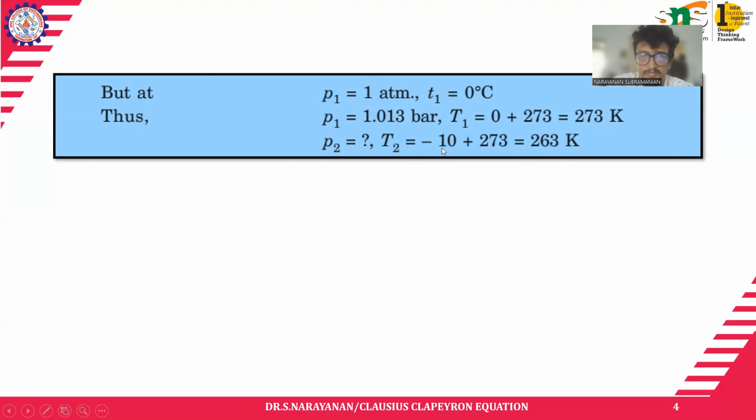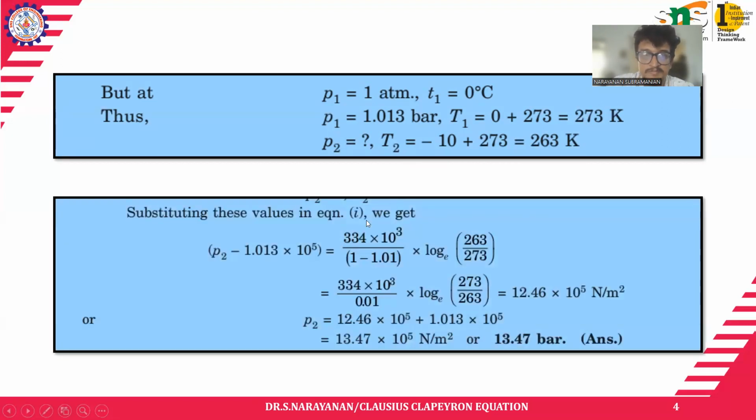That is the pressure at which the ice will melt. So P2 minus P1 equal to 334 into 10 power 3, that is HFG, divided by VFG, which is 1 minus 1.01, into log of 263 divided by 273. So we will get minus 0.01 here.